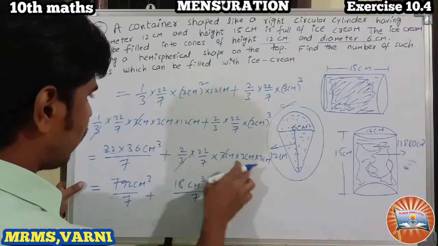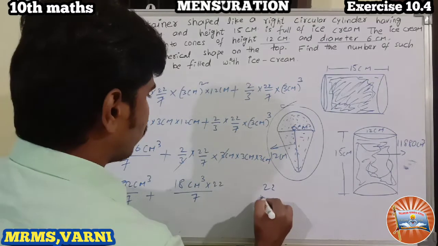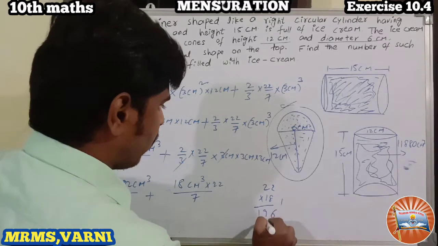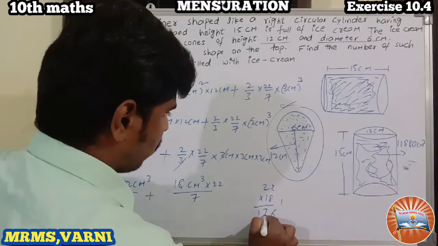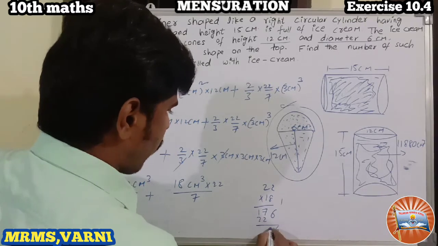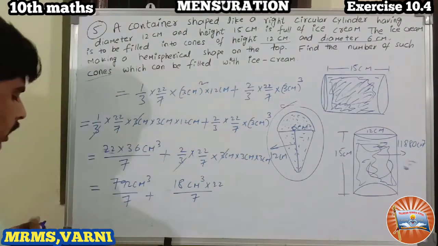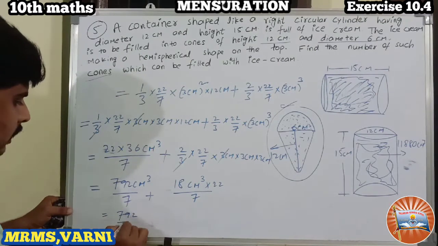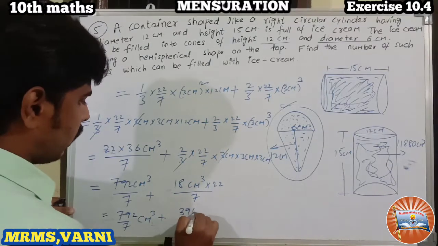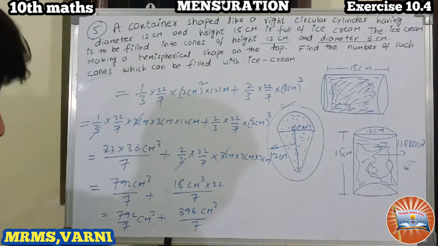Yeah. 22 into 18 is 396. So 396 centimeter cube by 7 is the volume of the hemisphere part, plus the 792 by 7 centimeter cube.